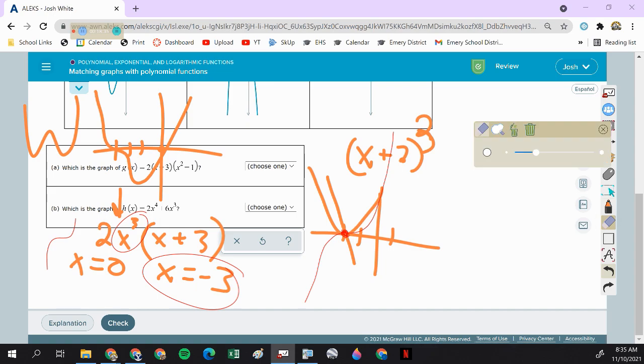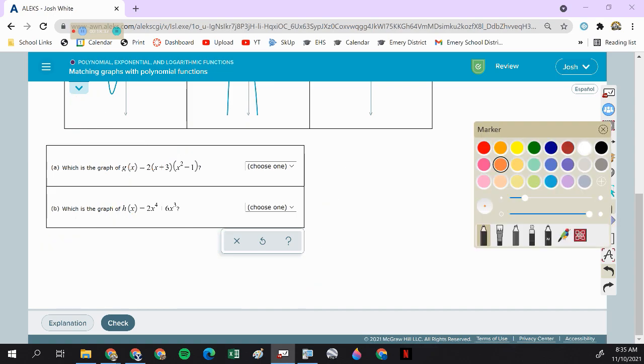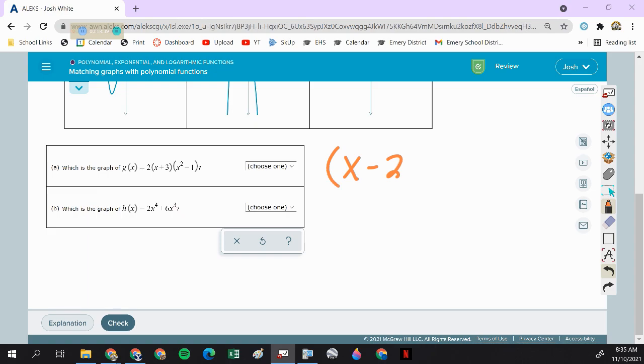What if I had x minus 2, let's do x plus 1 squared, the -3 out front, and x minus 4 to the third. How many x's are there? 5. And there's a negative out front, so what are the endpoints going to look like? Up or down?